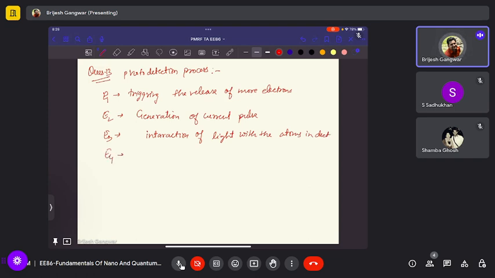E4 is liberation of an individual electron by the photoelectric effect. You know what the photoelectric effect is? Or illumination of the light beam.